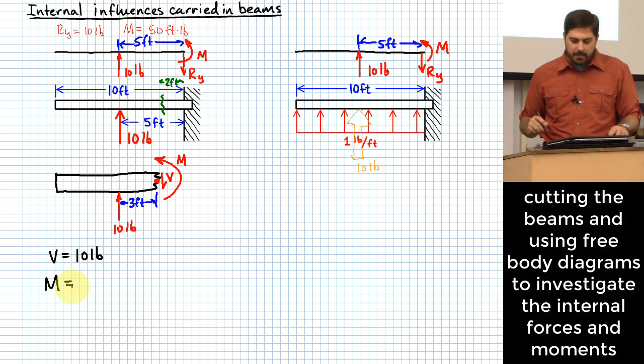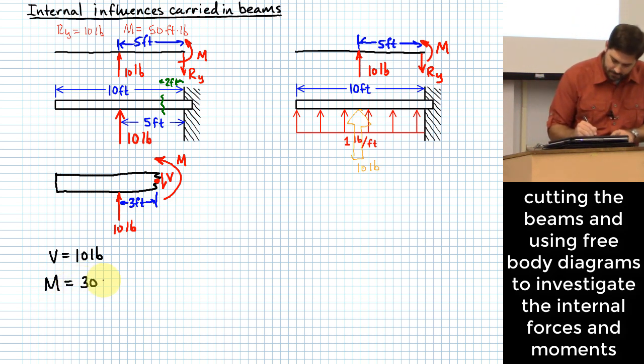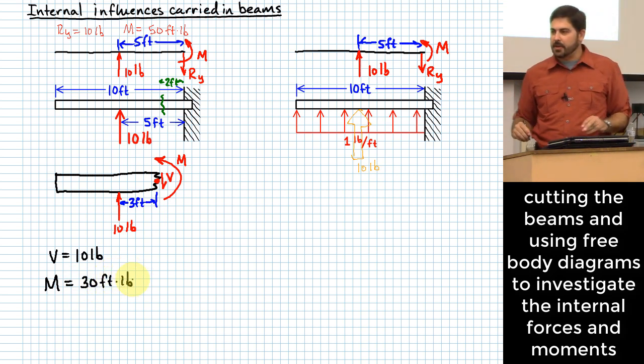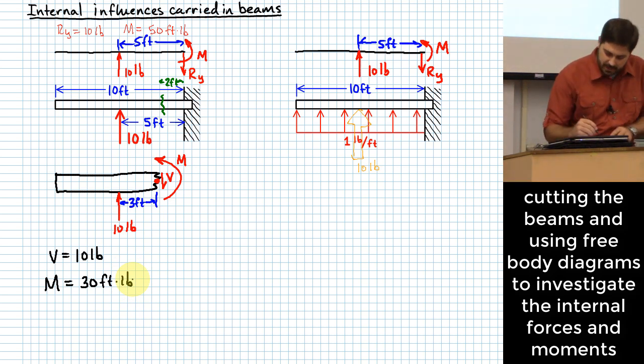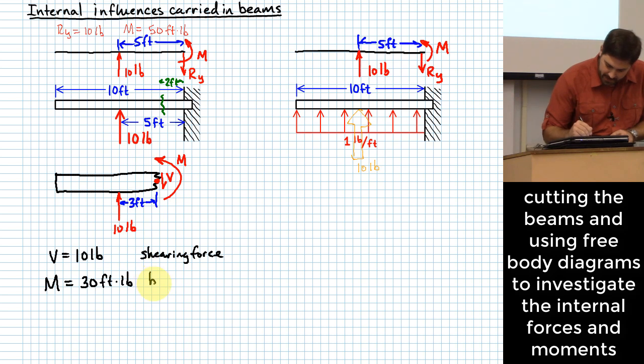M is going to be 30 foot-pounds, right? Fantastic. You guys are doing great so far. I'm going to go ahead and give each of those a name. This is the shearing force. And this is a bending moment.